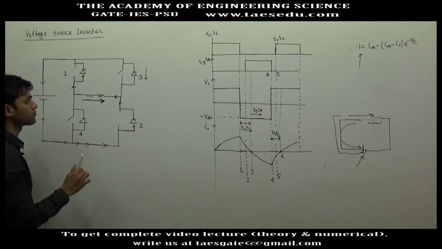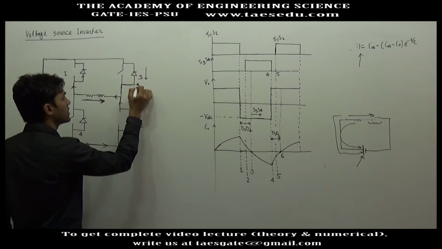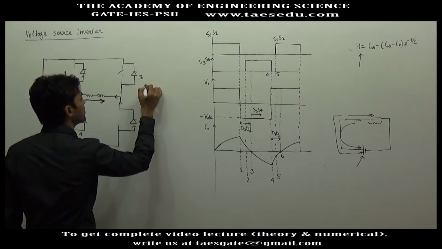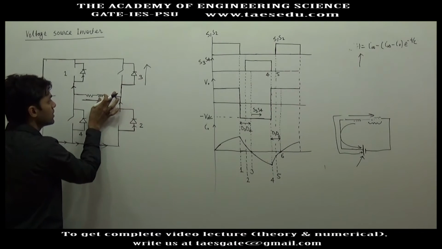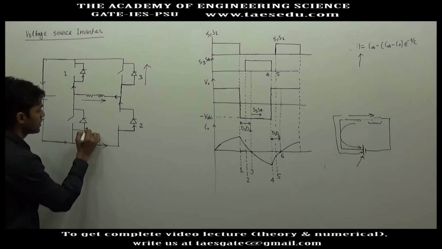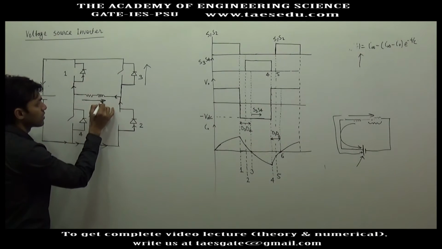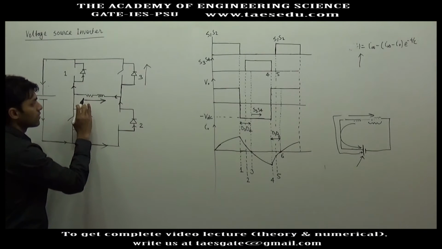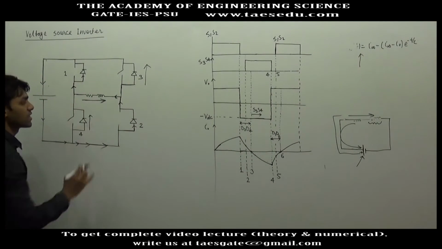Whenever D3, D4 conduct, obviously they will conduct in upward direction. D3 will conduct in upward direction, so it can support only this direction of current. D4 will conduct in this direction, so it will support left to right direction of current. And what is left to right direction of current?